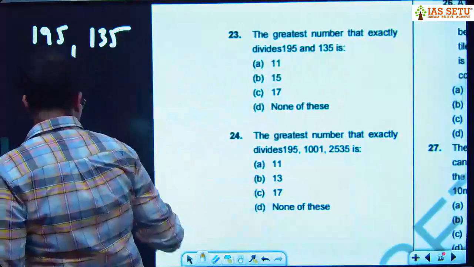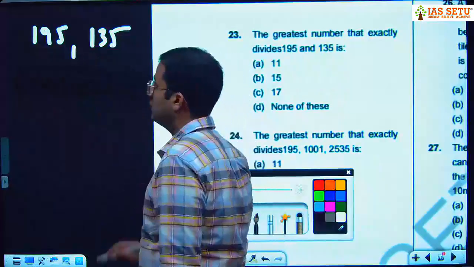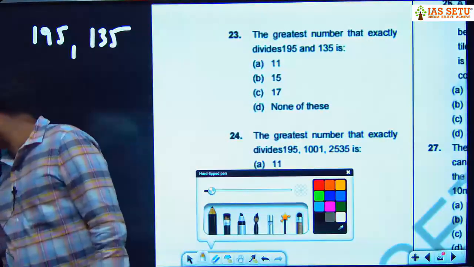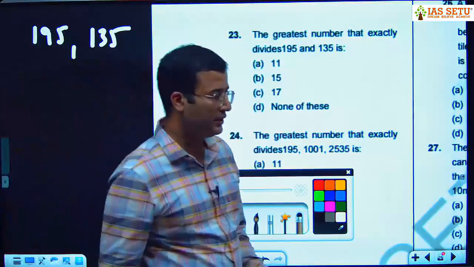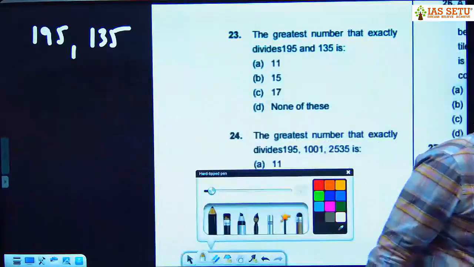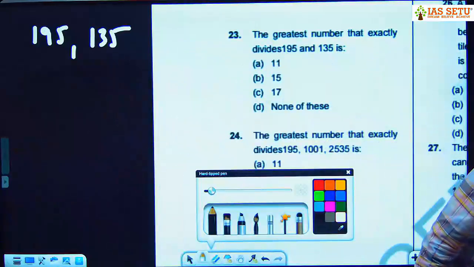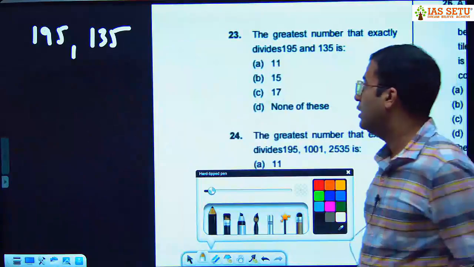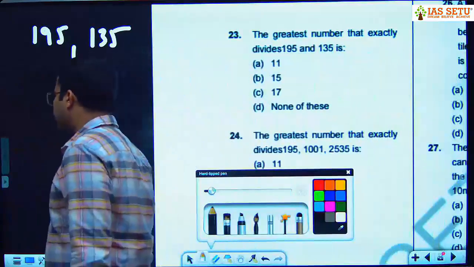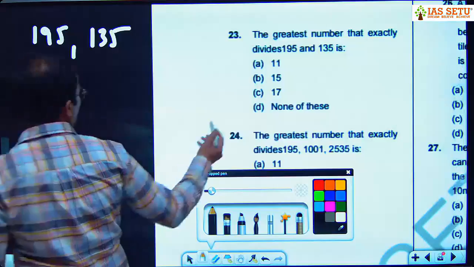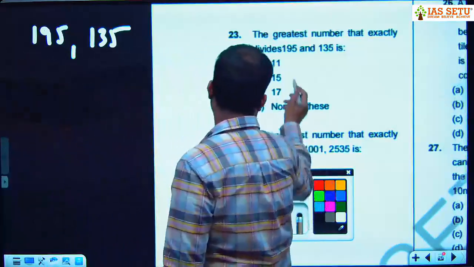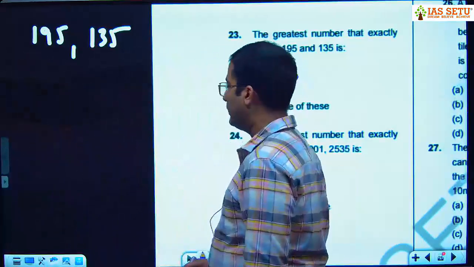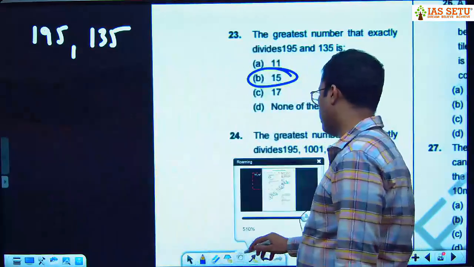So we have to find the HCF of these numbers. Yes, that can be done. Sahil, you can use that method. So what is the HCF of 195 and 135? 15. So our answer here is 15. Next question. Question number 24.